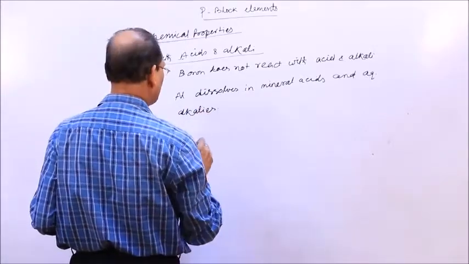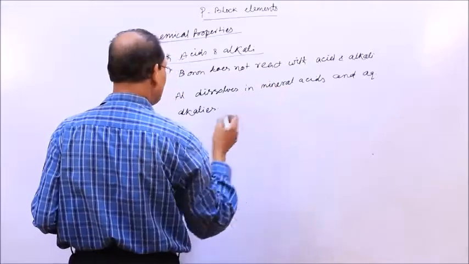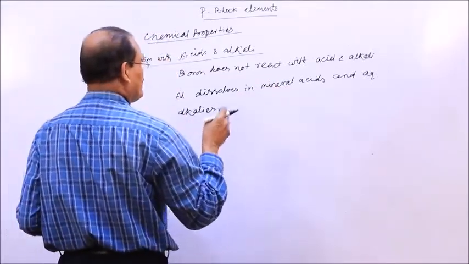So aluminum dissolves in HCl. Mineral acid means HCl, sulfuric acid, nitric acid.